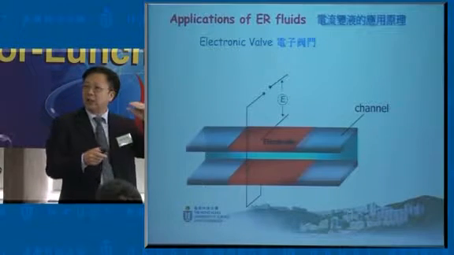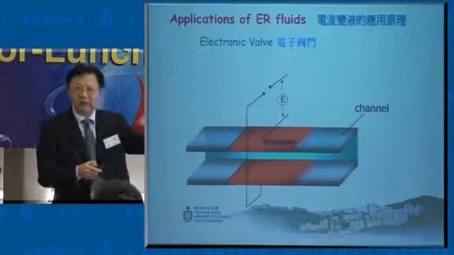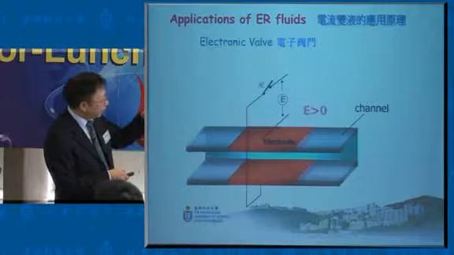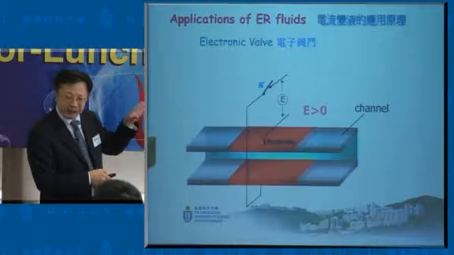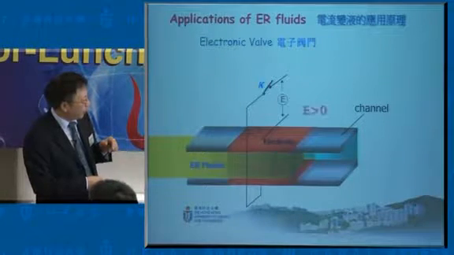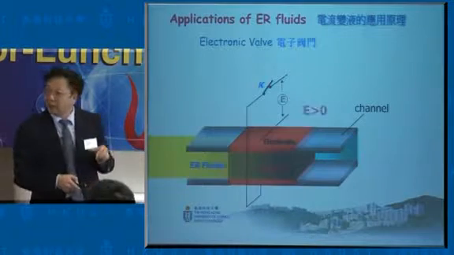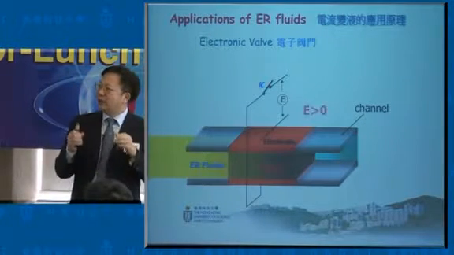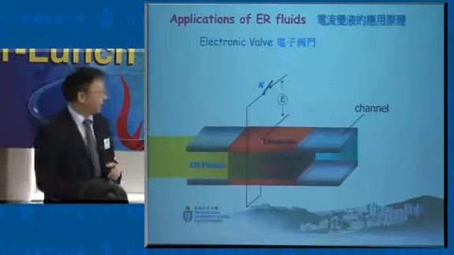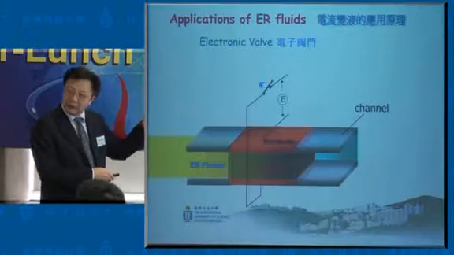With no electric field, the ER flow is like water, easy to pass. But however, if I apply a high electric field, the ER flow cannot pass this channel. Why? Because this region becomes solid. So we call it an electrical valve, or electrical damping actually. So it's the ER flow principle.